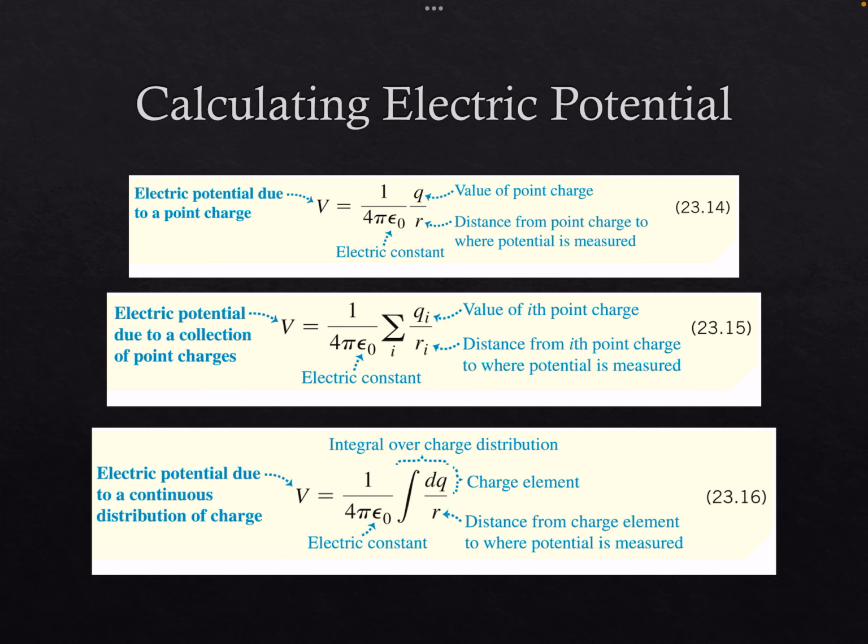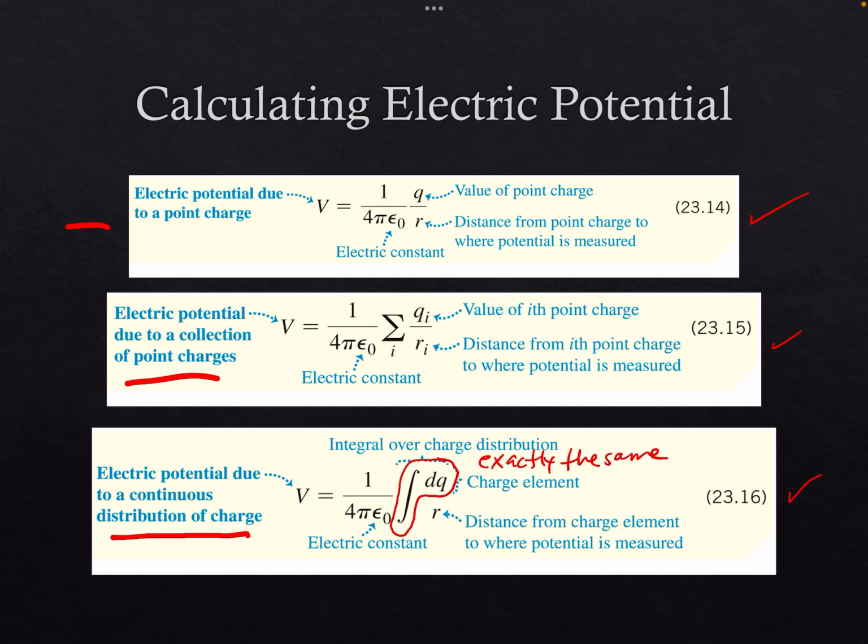So these equations are going to mirror the equations that we use to calculate an electric field of an object, but the difference is the denominator is a factor of R and not R squared. So we can calculate the electric potential of a single point charge, a system of point charges, or a continuous charge distribution.